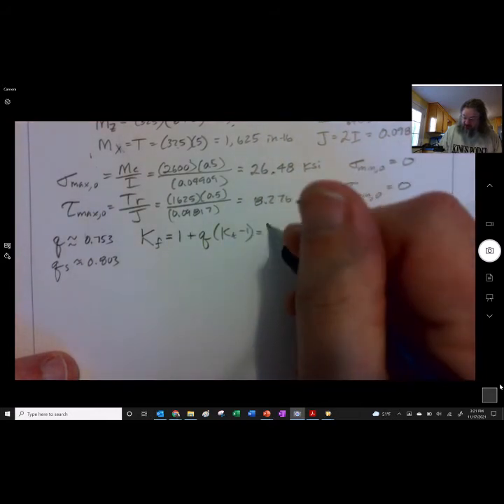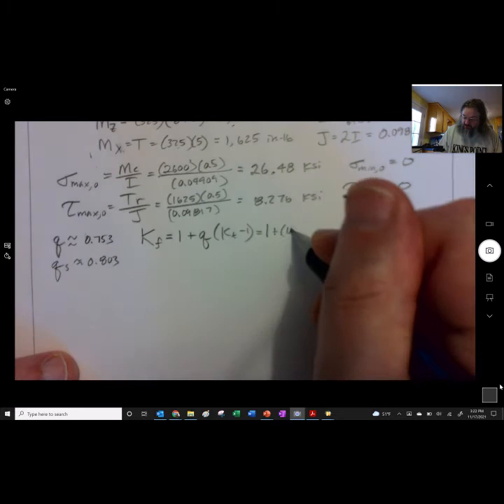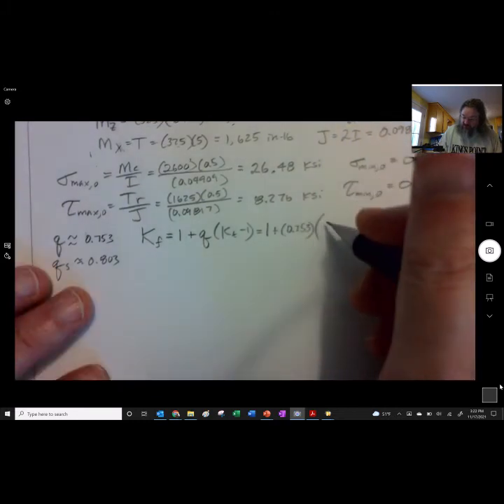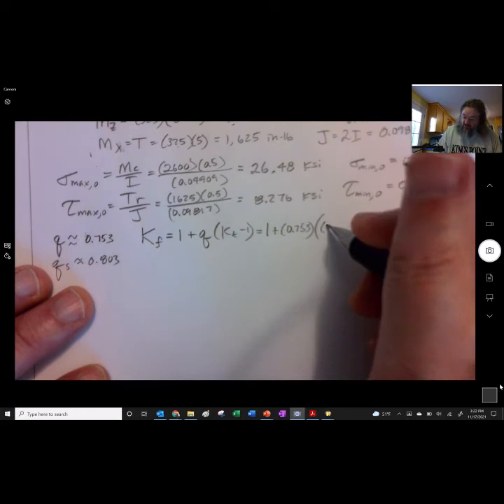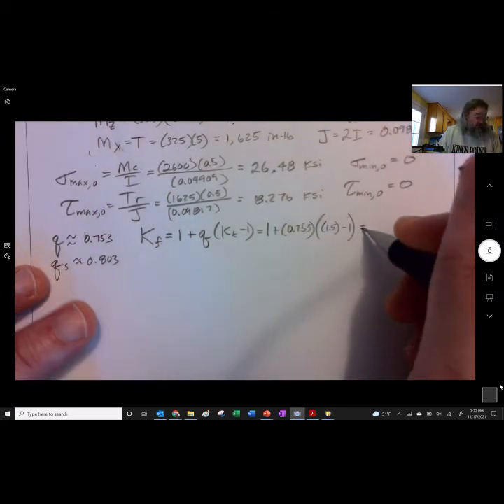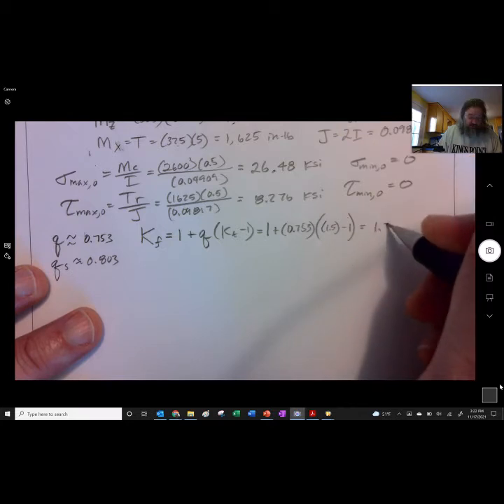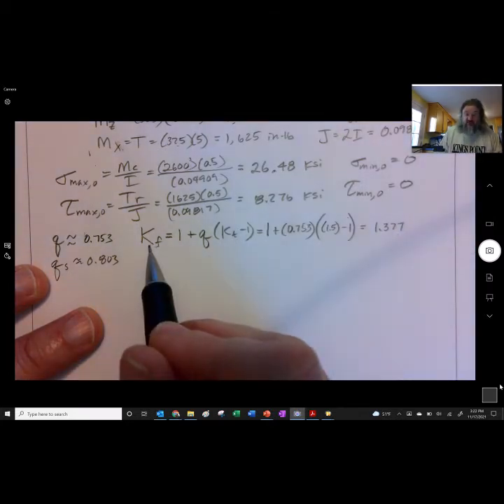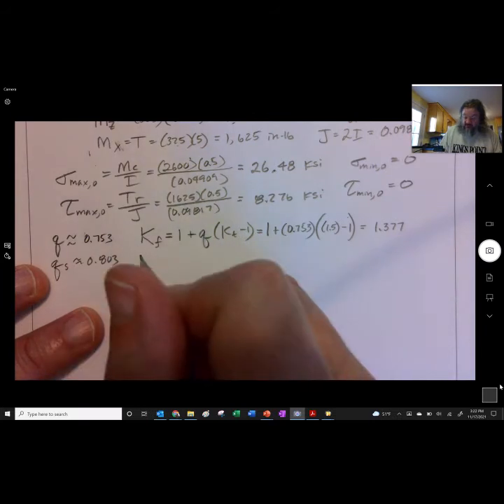That's 0.753 times, in this case, 1.5 minus 1. And we're left with 1.377, the stress concentration in fatigue based on bending.